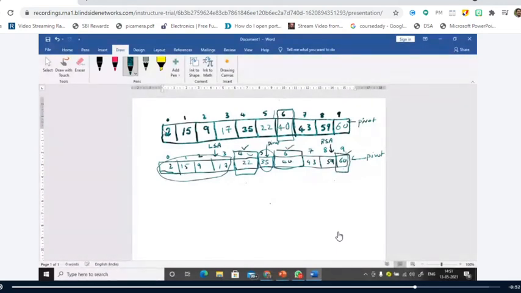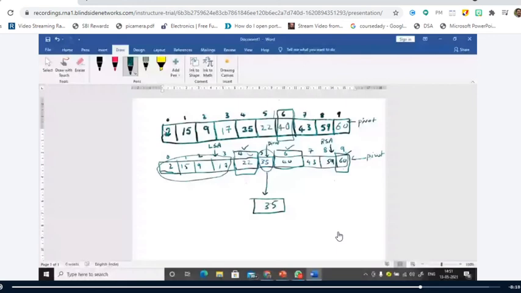And for the remaining elements 2, 5, 9, 17, you have to apply the quicksort, and for 35 you have to apply the quicksort, and for 43 and 59 you have to apply the quicksort. You don't get any confusion when you have a larger number of elements, but let us consider the single element part. When you apply the quicksort for this single element, the process remains the same, but you get confused, right? So I'm explaining the part of applying the quicksort for the single element.